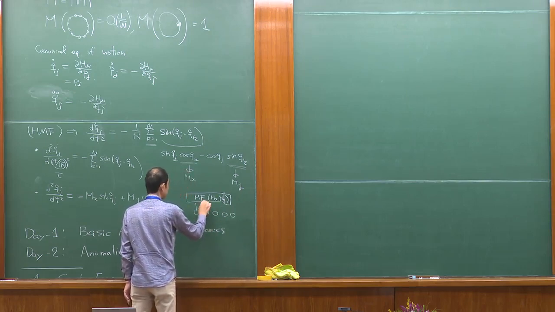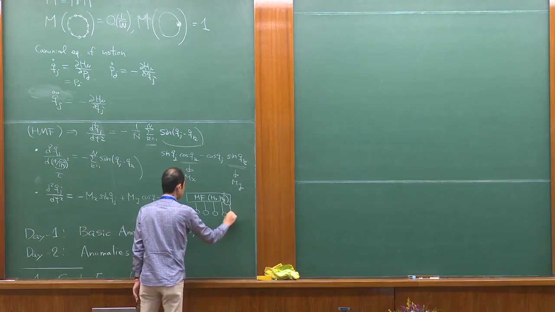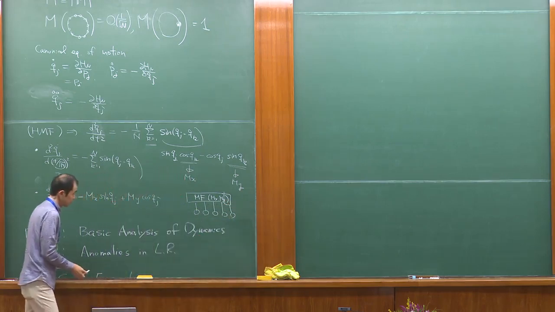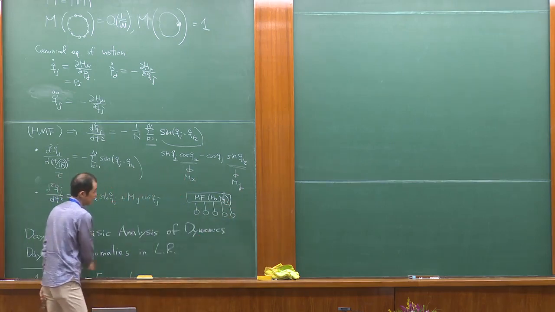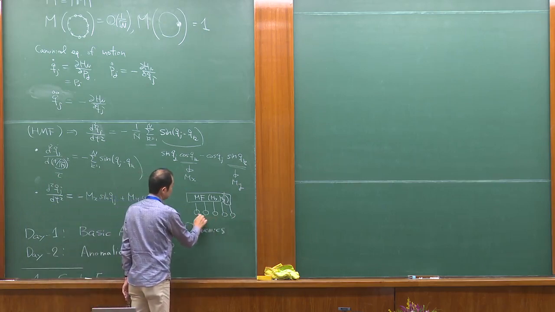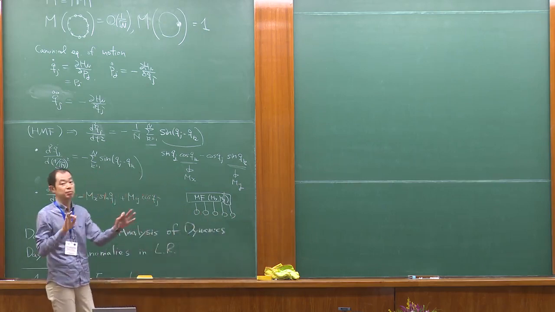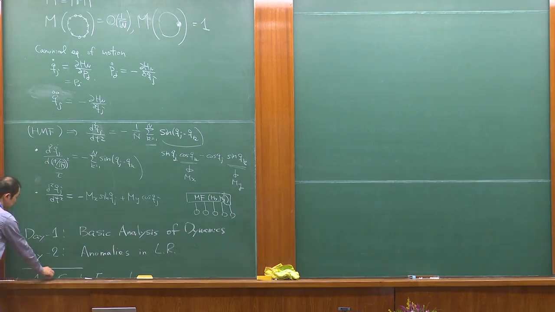So each particle interacts like this. So we don't need to take care about the interaction between i, j, and k or something like that. So that is the first.